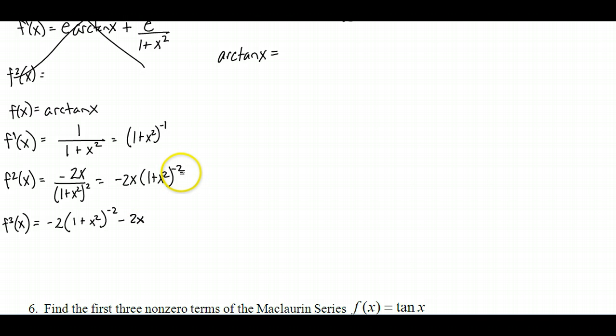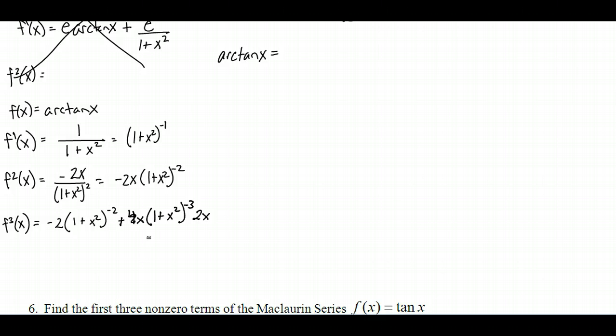The derivative of this thing, I'm going to multiply it by a negative 2, so it'll become positive. That'll become a 4, 1 plus x squared to the negative 3. Chain rule, the derivative of the inside is times another 2x, which I guess we could put together and make it 8x squared.